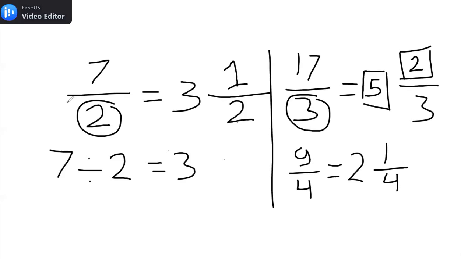The last one. 25 over 6. How can we write it as a mixed number? The denominator is the same, 6.